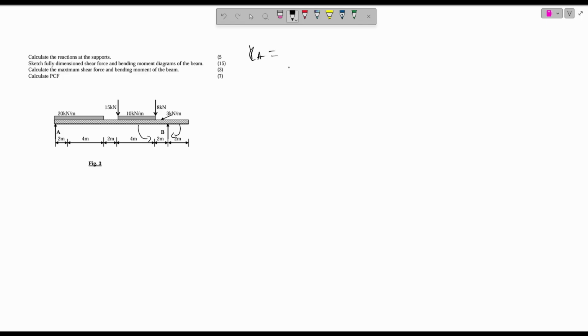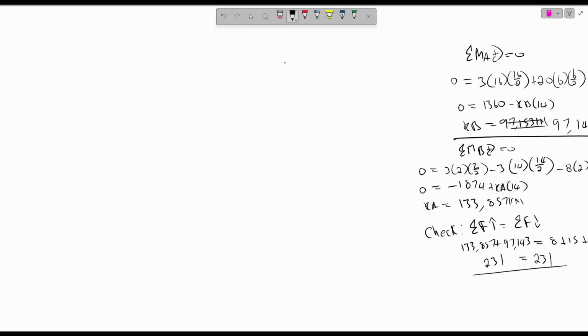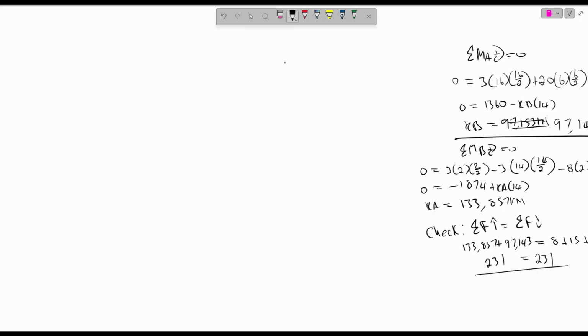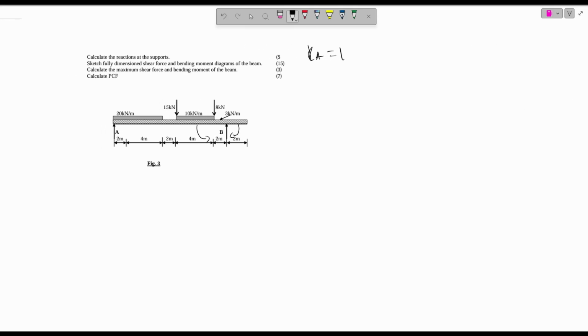Our RA was 133.857. Our RB is 97.143. Okay, let me redraw this diagram a little bit bigger. Let me extend it.